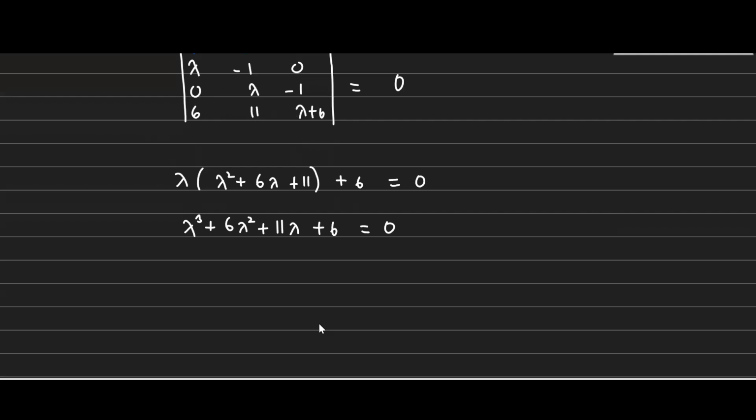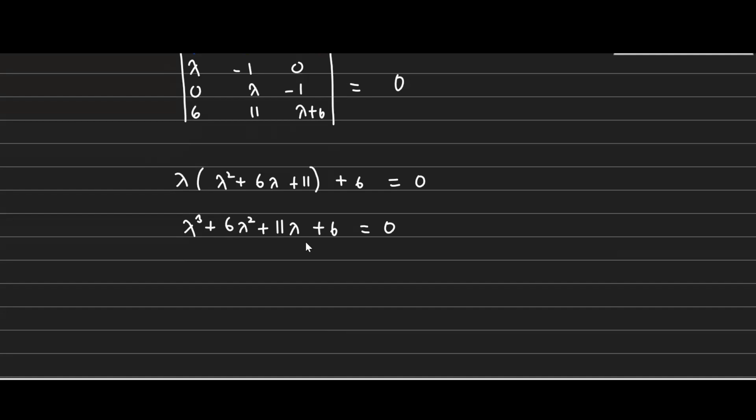You notice that no positive number will make this polynomial equal to 0. The reason is that if you put in any positive value of lambda, the cubed term becomes positive, every term is positive, and the polynomial needs to be equal to 0. So the only values that can make it equal to 0 are negative values.